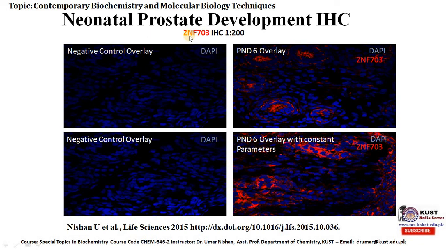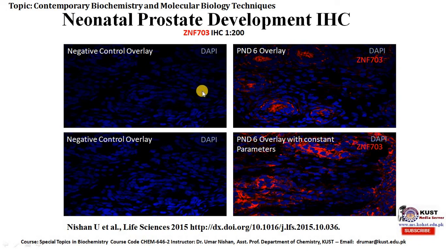This is another transcription factor called ZNF703, and in this situation the antibody was diluted 200 times. Now we can see that in the negative control we only see the DAPI, standing for the nucleus.